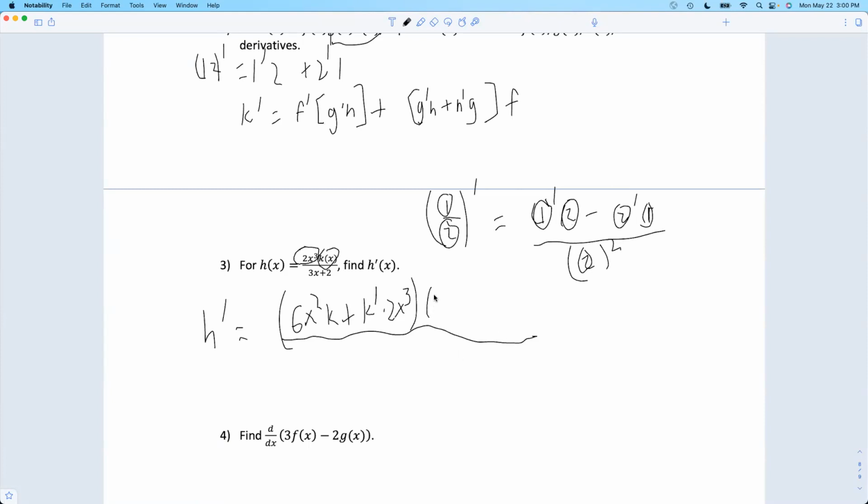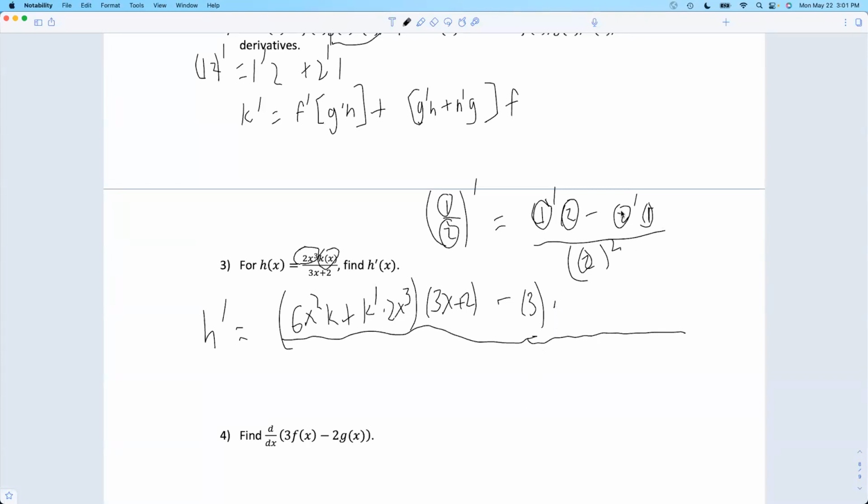Times leave the bottom alone. Minus the derivative of the bottom. The derivative of 3x, I need a lot of parentheses here. Derivative of 3x is 3, plus derivative of 2 is just 0. So 3 plus 0 is 3.